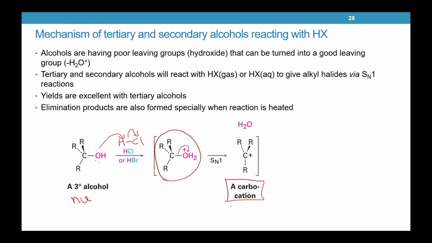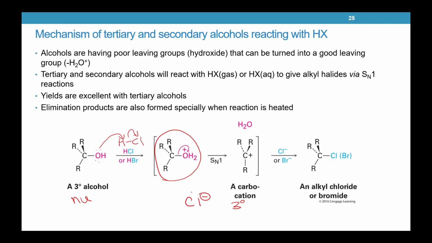Because we started with a tertiary alcohol, we formed this tertiary carbocation. If we had started with a secondary alcohol, we would form a secondary carbocation, not as fast, but still forms. The halide that was kicked out, which we could just draw down here, is then going to bind that carbocation and give us the product.